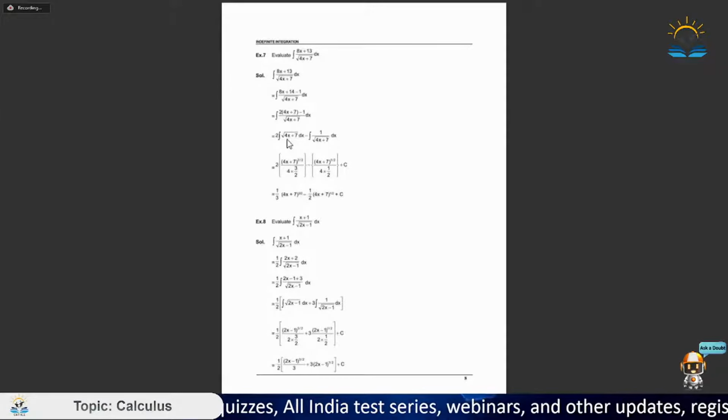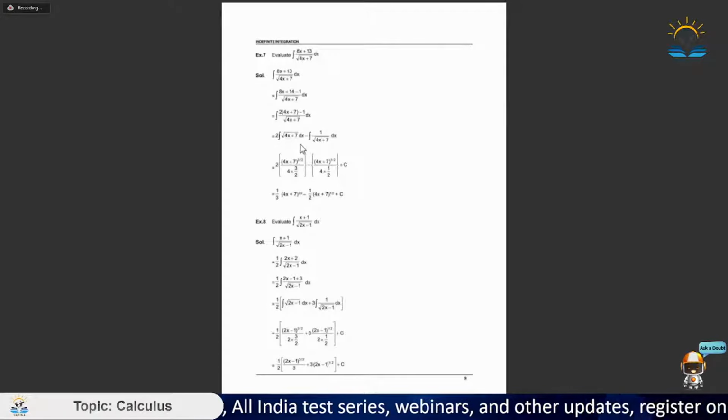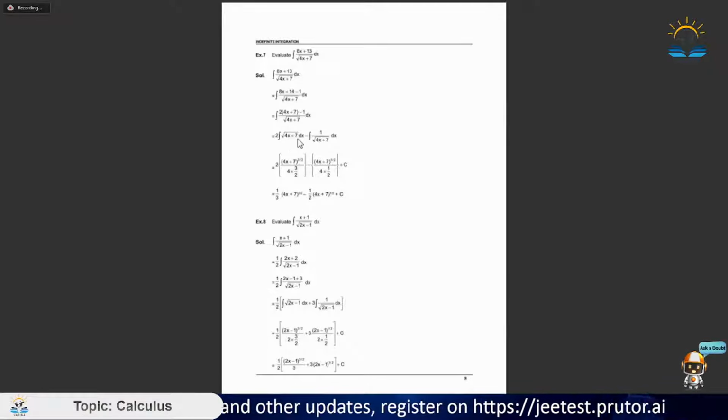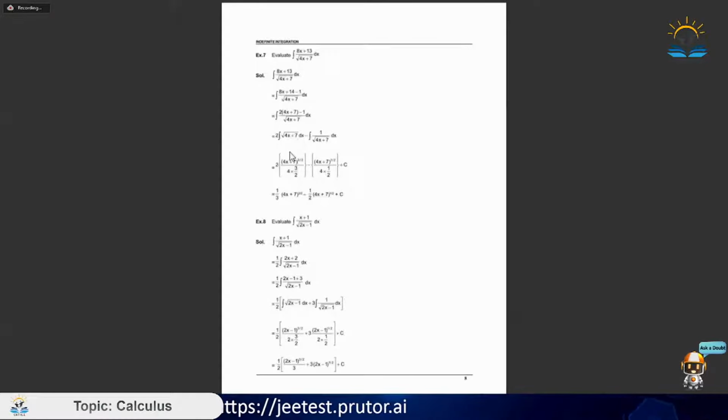Now this is like root of x dx, and here in place of x we have 4x plus 7. So what we have learned in the previous slide, we will treat this thing as x and substitute it.